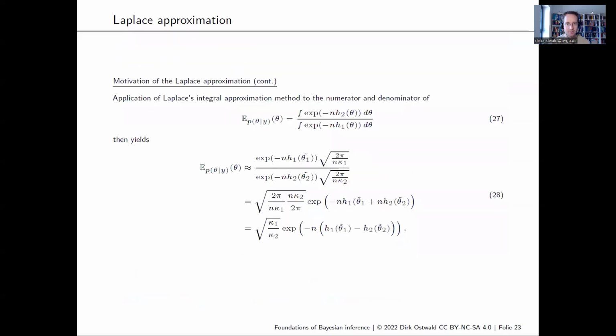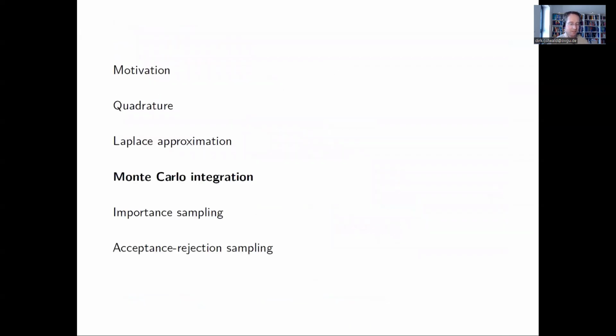I guess this raised more questions than answers, but I want to leave it at that. You will come across it, and if you want to figure out what Laplace approximation is, look into these slides, and you get the gist of it. And I've seen worse presentations of Laplace approximation than this.